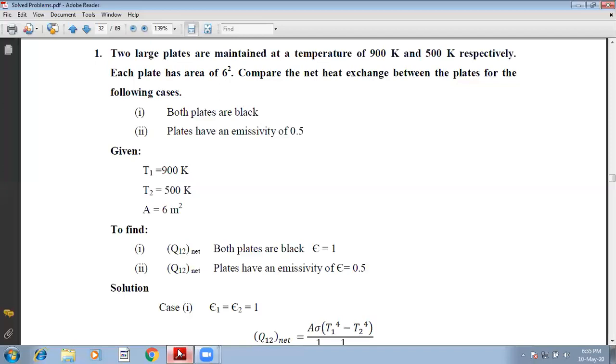Then we have also seen Lambert's cosine law, which states the total emissive power from a radiating plane surface in any direction is directly proportional to the cosine of the angle of emission.